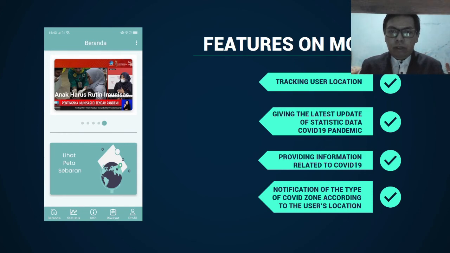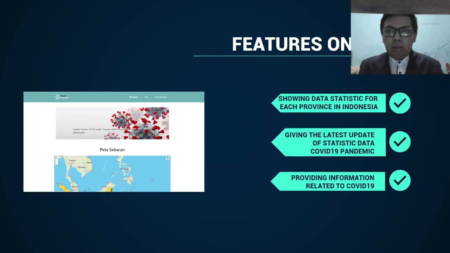And then the last feature is a notification of the type of COVID zone according to the user's location. So our application will give you a notification about your own location, where you live. And then the features of the web app are showing the statistics for each province in Indonesia, giving the last update of statistic data of the COVID-19 pandemic, and providing information related to COVID-19.